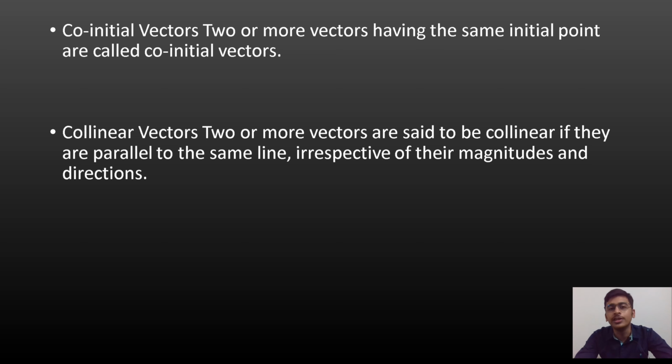So what are co-initial vectors? Two or more vectors having the same initial point are co-initial vectors, right?